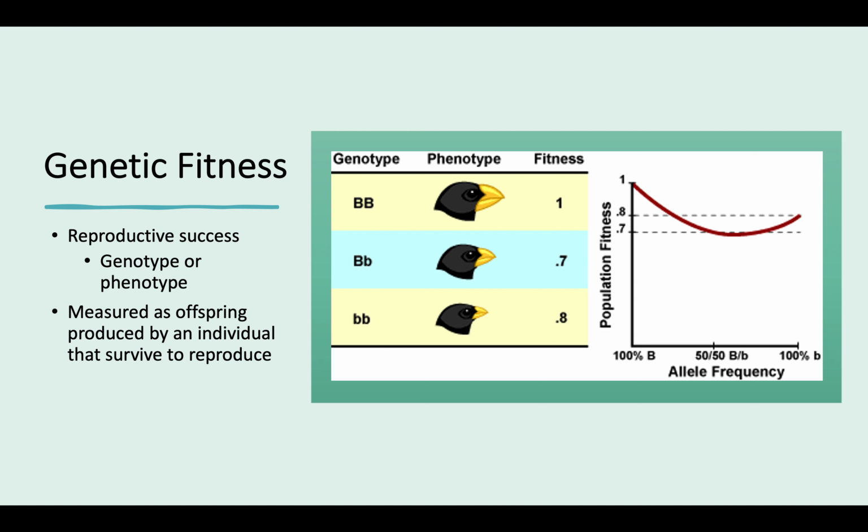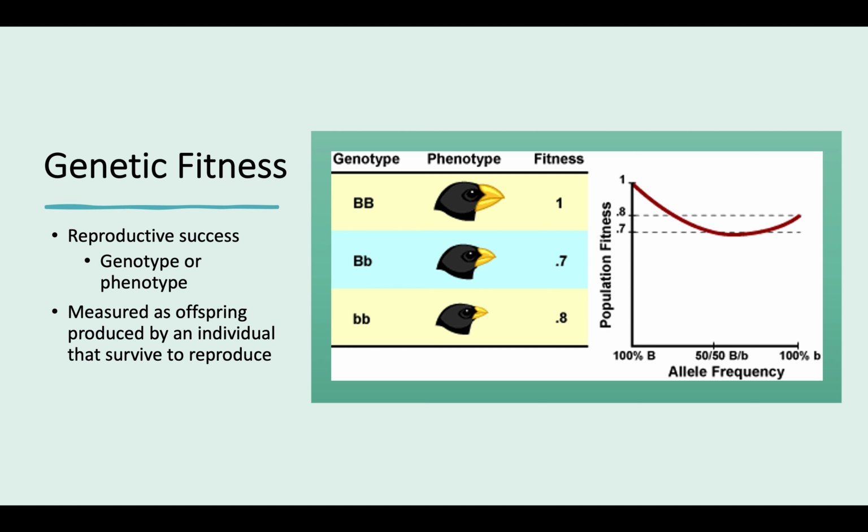Now let's talk a little bit about genetic fitness. The total set of gene copies for all genes in a population is referred to as the gene pool. The gene pool gets that name from the idea that we are essentially taking all the gene copies for all genes in the individuals of a population and dumping them into one large common pool. But that doesn't necessarily determine genetic fitness.